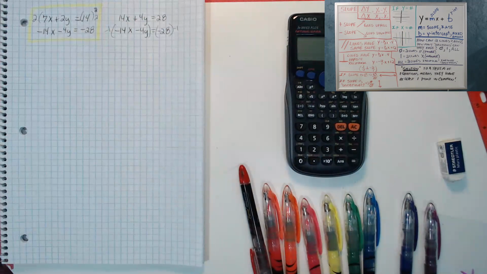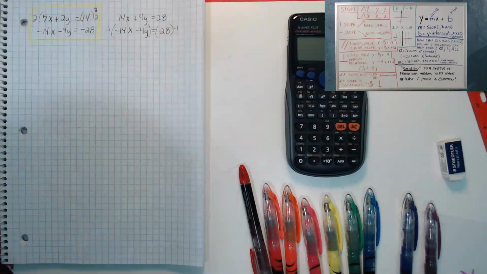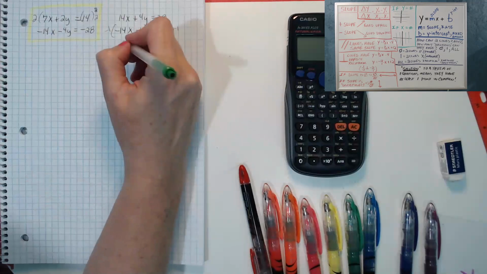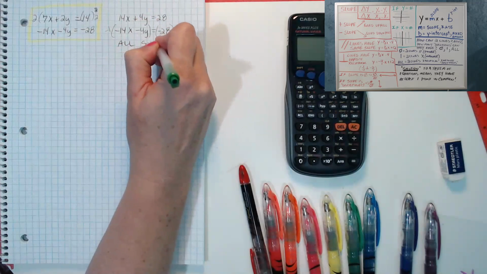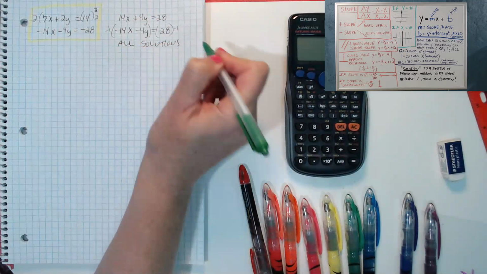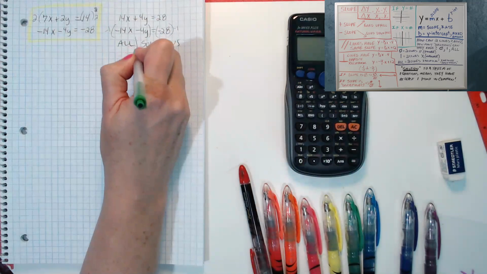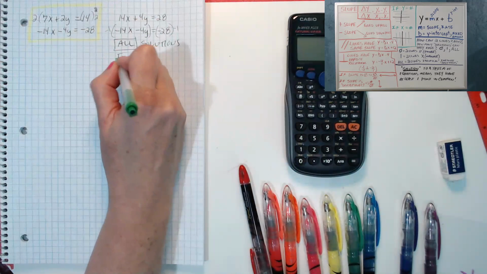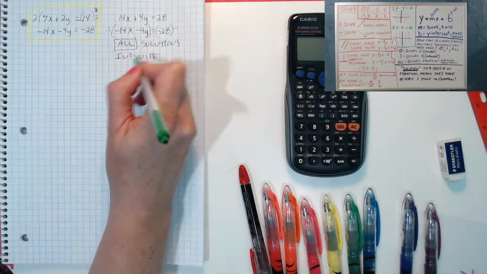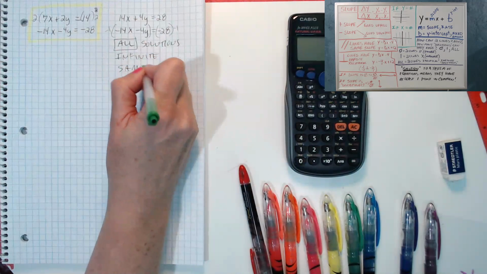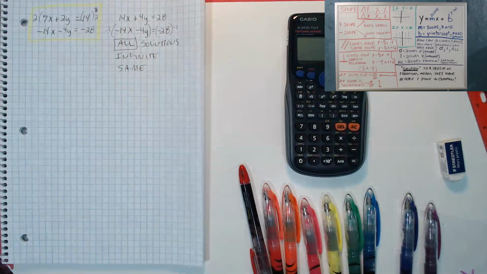What's their solution? They're identical. Yeah. Or they're identical. Yep. So all solutions. So it's just all. You're going to look for the word all. They may use the word infinite. They may use the same. Okay.